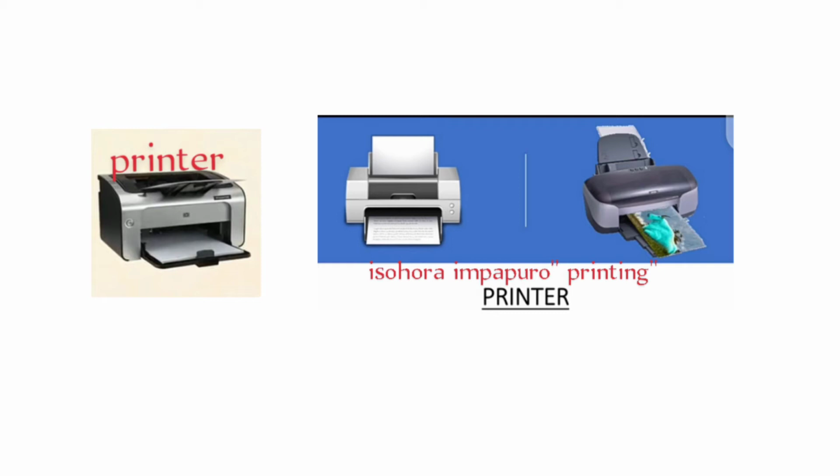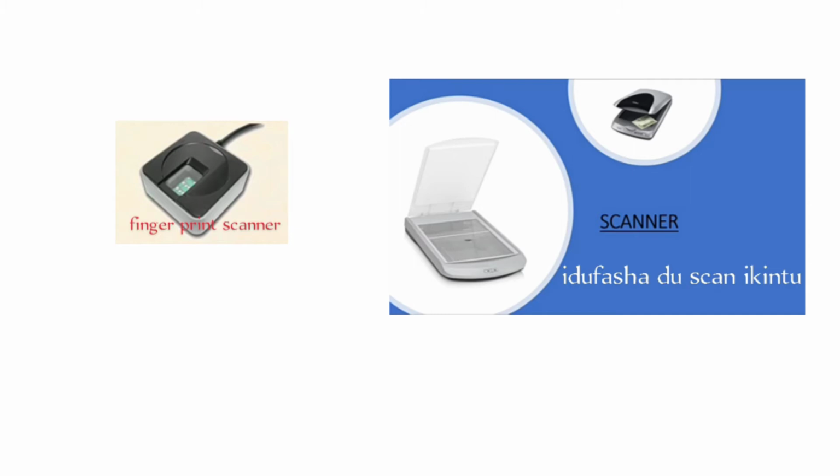When a photographer takes a photo, we use a scanner to get a real photo as it was captured. So this is a printer. This is a scanner, a fingerprint scanner, also a scanner we use in real life.